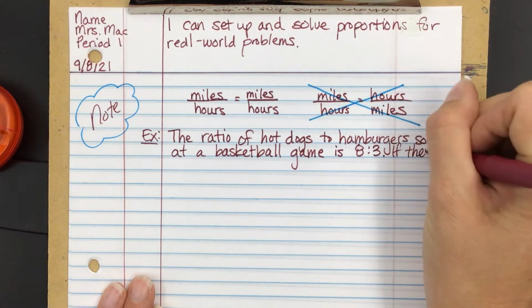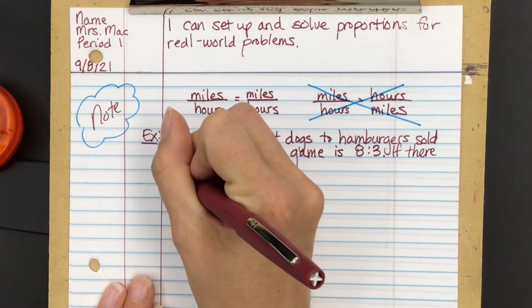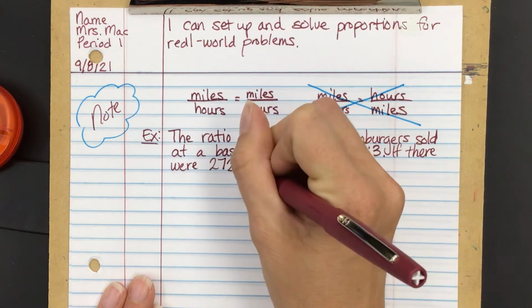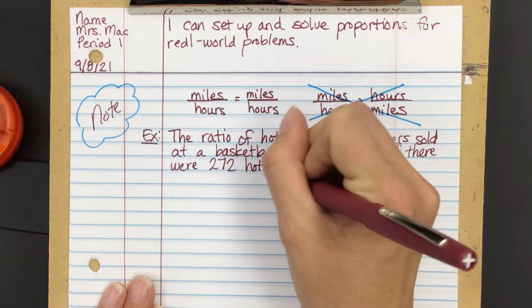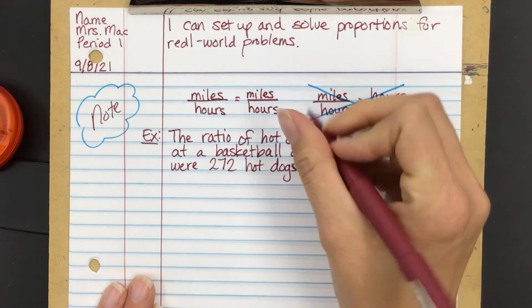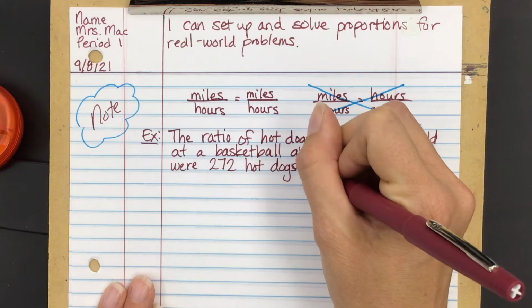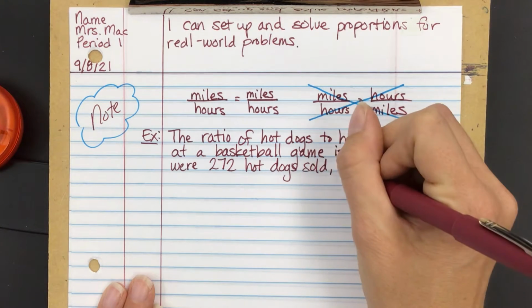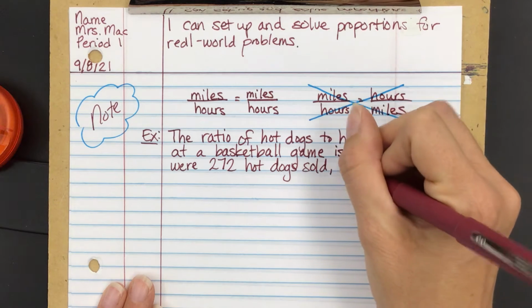If there were 272 hot dogs sold, how many hamburgers were sold?